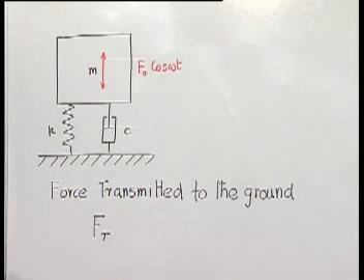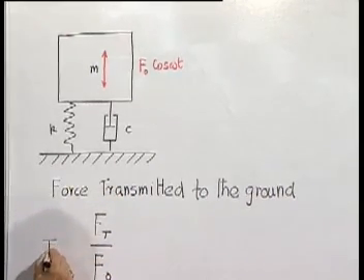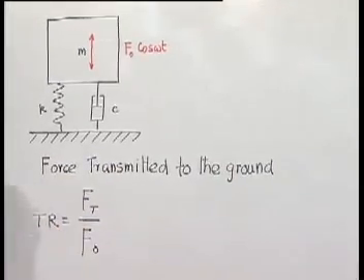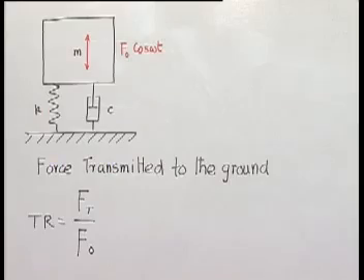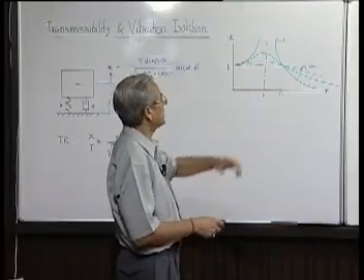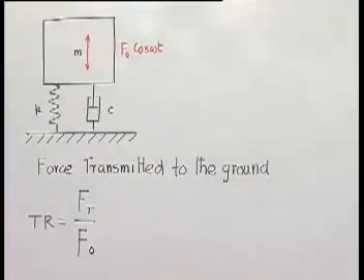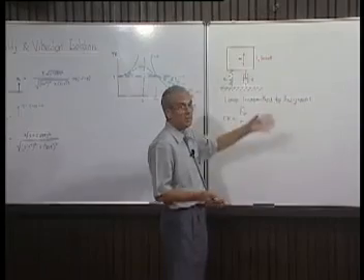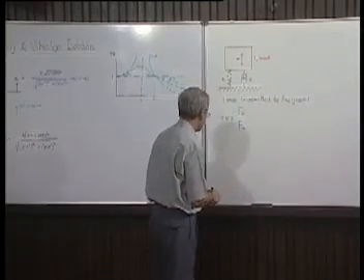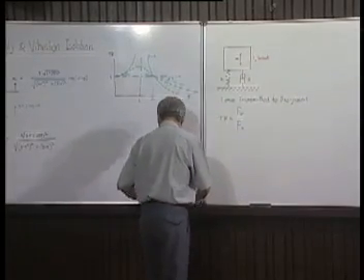Of course, it is a harmonic function of time, but the magnitude is Ft. Then Ft by F0 is called the transmissibility. That is another way of looking at transmissibility. When a force is generated in a machine, how much of that force goes to the ground through the supports or through whatever arrangement we have made for supporting this system.